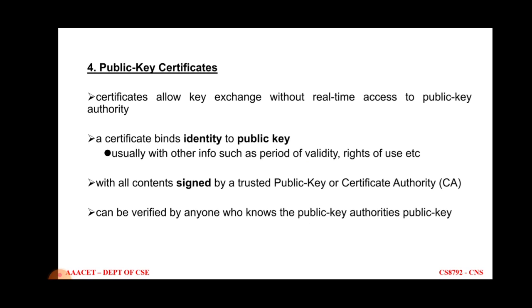The last one is public key certificates. Here the certificates allow the key exchange without real-time access. The certificate binds identity to each individual key, with all content signed by a trusted third party known as the certificate authority, CA. It can be verified by anyone who knows the public key of the authority.